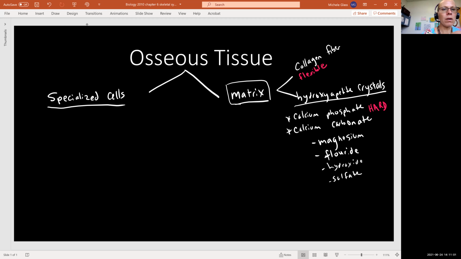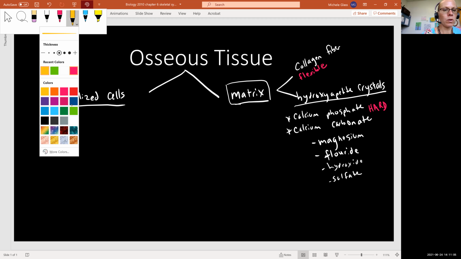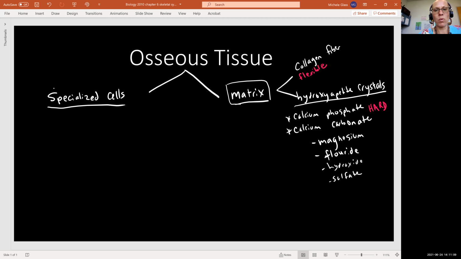When we talk about our specialized cells, we're going to have four important bone cells. I want to start out with what's called the osteogenic cell. Then we'll talk about the osteoblast, and then we'll talk about the osteocyte.